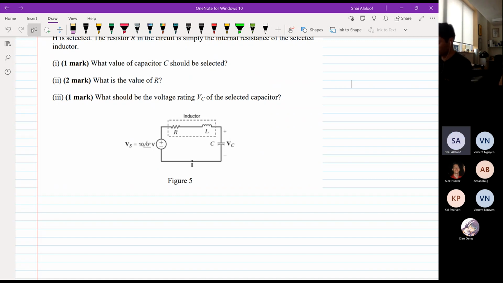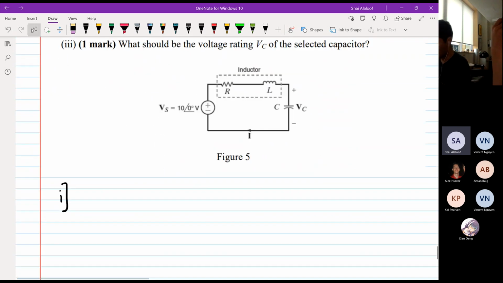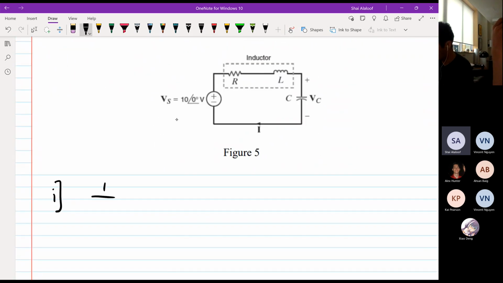There's probably a few ways you could do this, and keep in mind, it's a 1 mark question. I think you can just use the resonance condition, if I'm not mistaken, which is the same for series and parallel RLC circuits. So 1 on j omega C equals j omega L, I believe, which is essentially that the reactance of the capacitor is the negative of the reactance of the inductor.